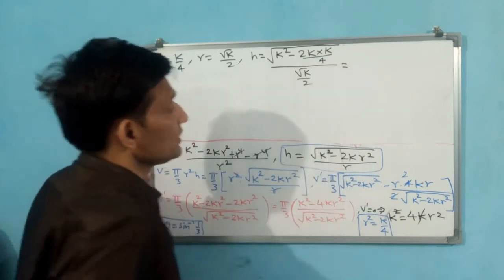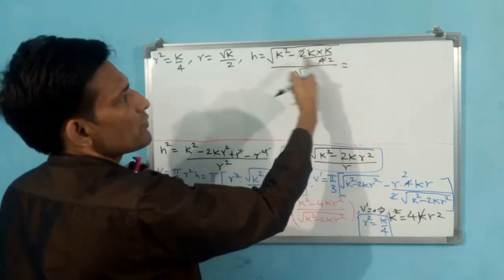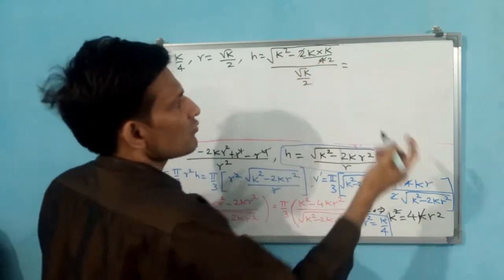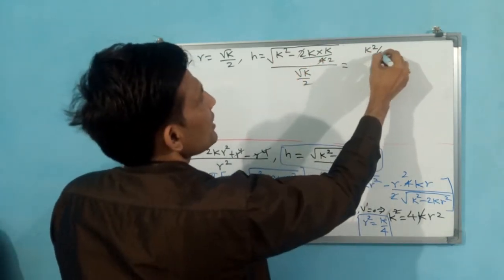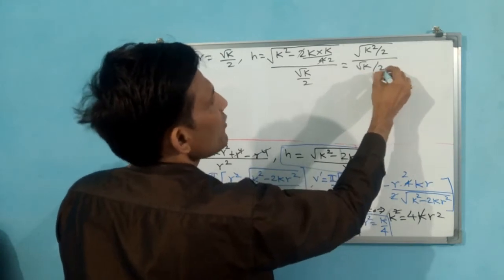That is equal to, 2 times k square by 2, k square minus k square by 2 means k square by 2. Under root k square by 2 in the numerator, divided by root k by 2.